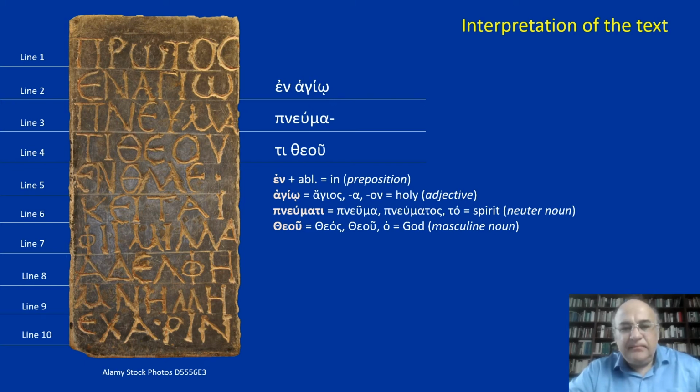En plus dative means in, it's a preposition. Hagio comes from hagios, hagia, hagion, which is an adjective. Pneumati comes from pneuma, pneumatos, to, which is a spirit, of course. It's a neuter noun. And theou comes from theos, which means God.